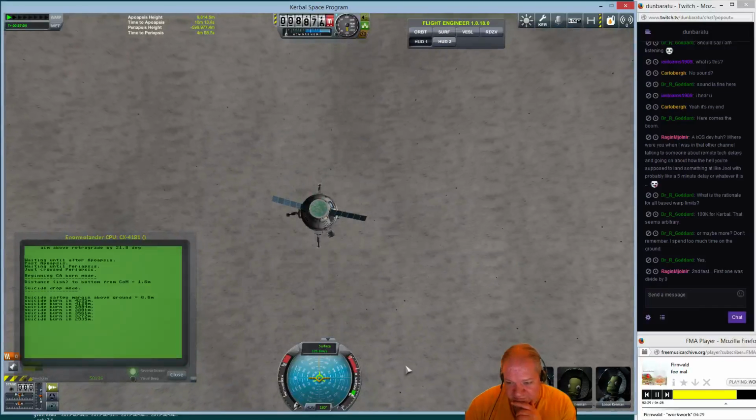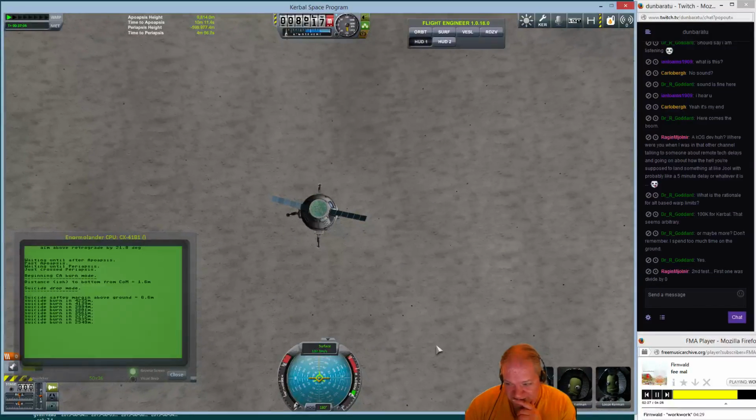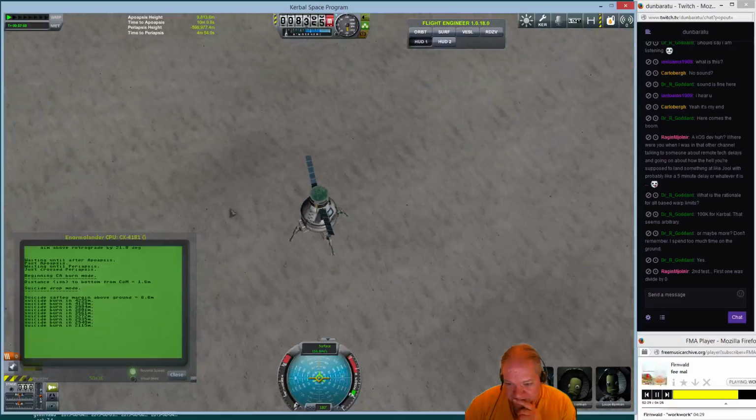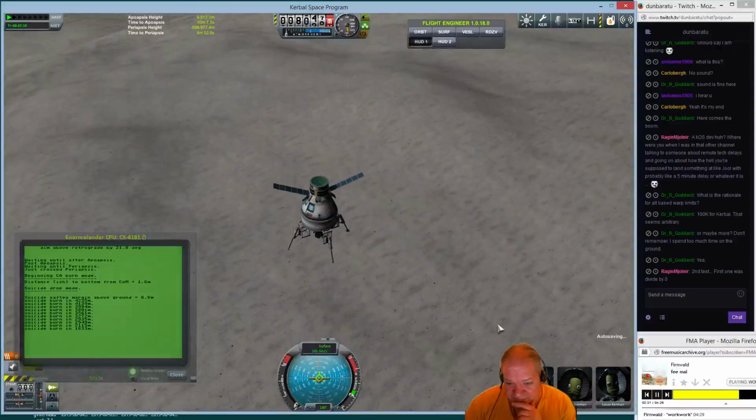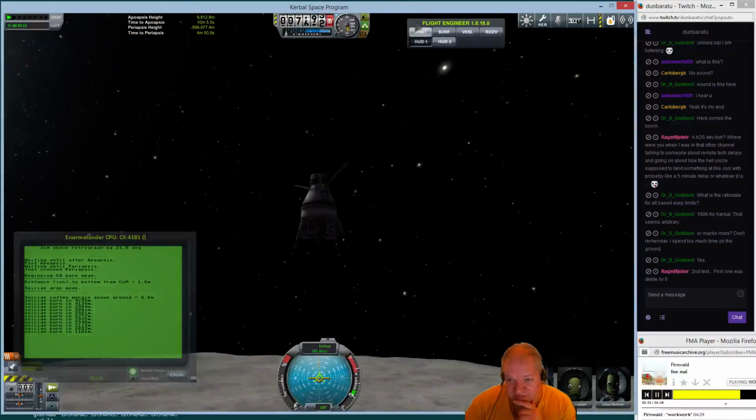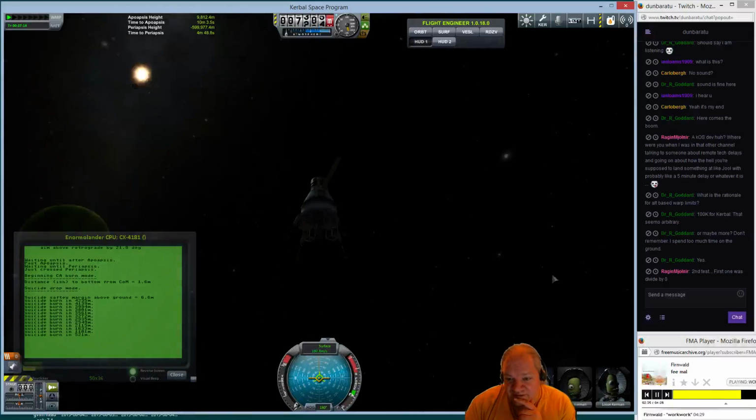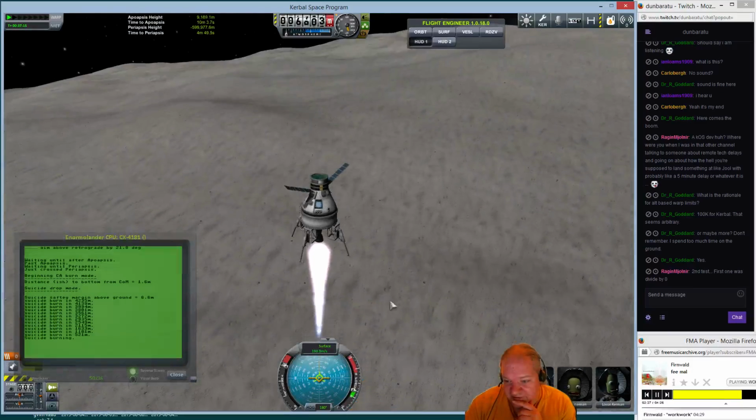Now let's see how the suicide burn part goes. Should be able to see our shadow somewhere. Where's the sun? There, okay, so our shadow should be this way.